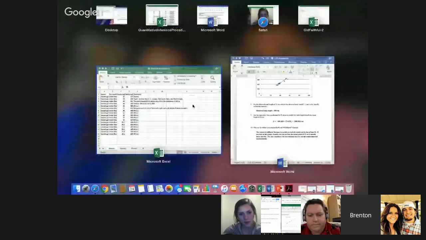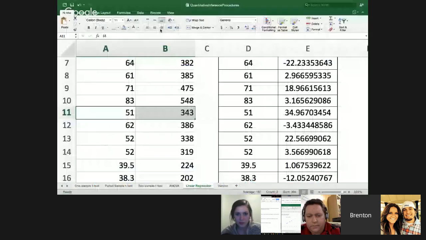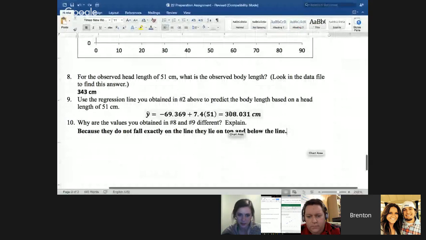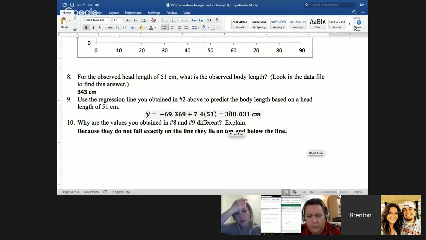Okay. Use the regression line you obtained in number 2 to predict the body length based on head length of 51. So would we use that negative 69.369 plus our slope? What was our slope? 7.4, and multiply that by, I guess, what is x? 51? Or is that the 353? Yeah, it's 51.